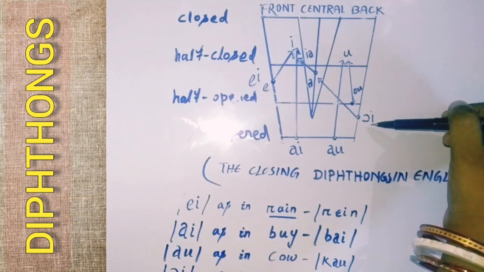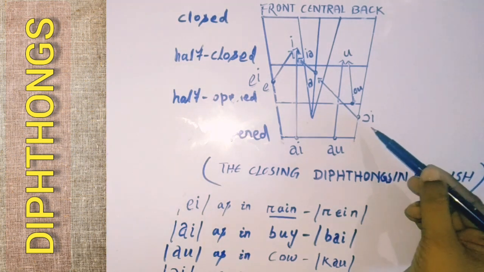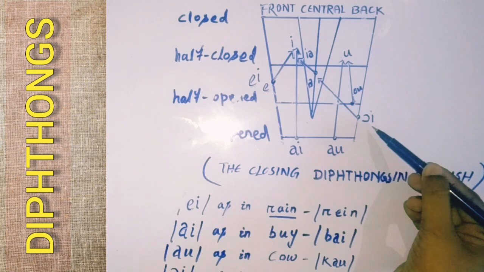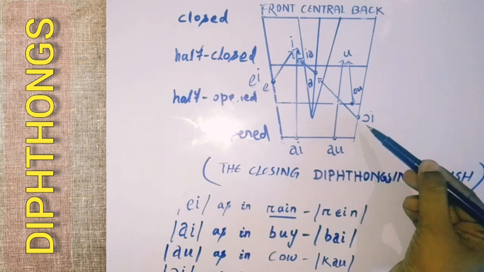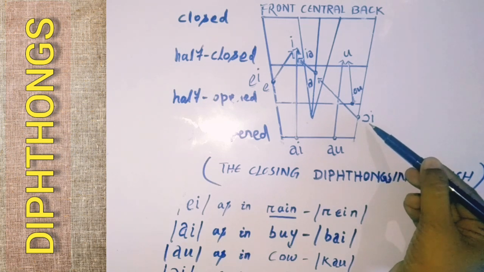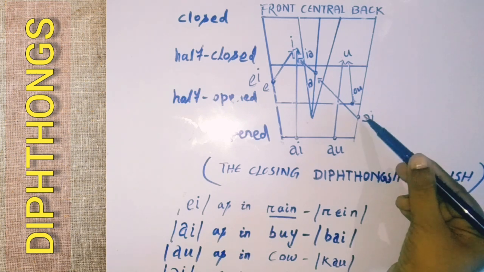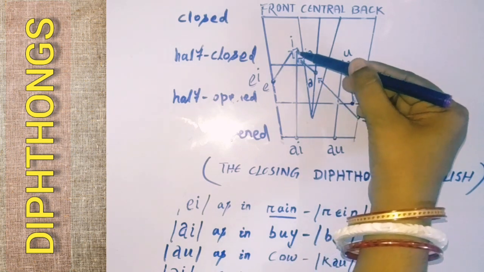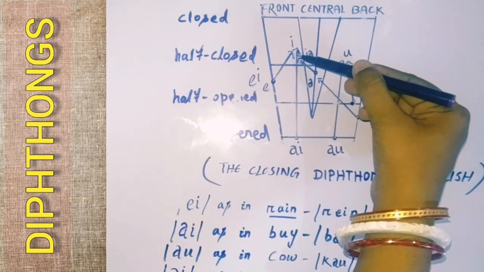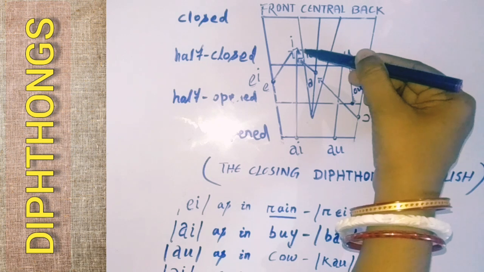And then next we get the gliding vowel /ɔɪ/. During the articulation of this gliding vowel, the tongue glides from a short back rounded vowel just above the open position to a centralized front unrounded vowel just above the half closed position.